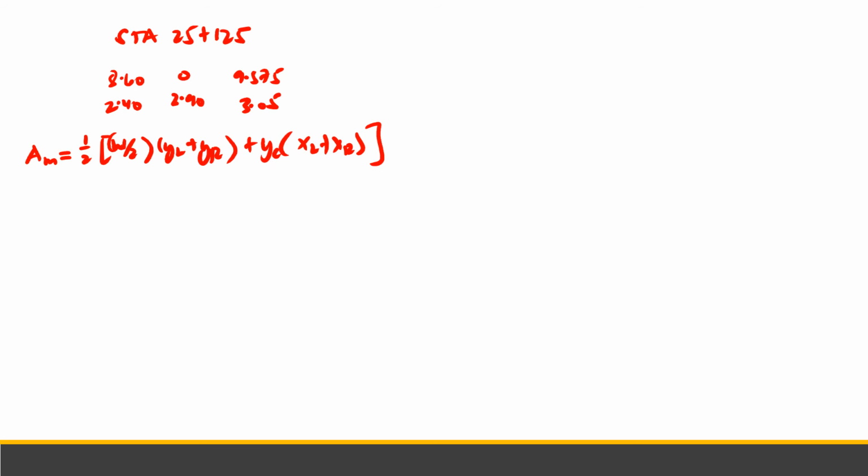So area M would be 1/2 times W/2, which is 25, multiplied by YR plus YL, so 2.4 plus 3.05, plus YC, which is 2.9, times XL, which is 8.6, plus 9.575.